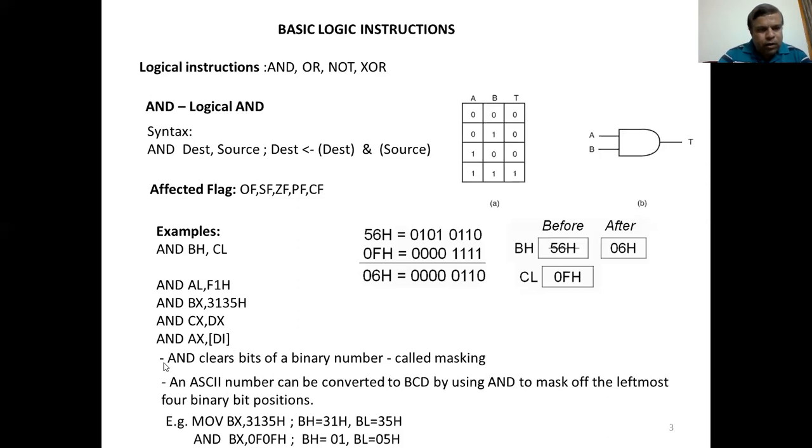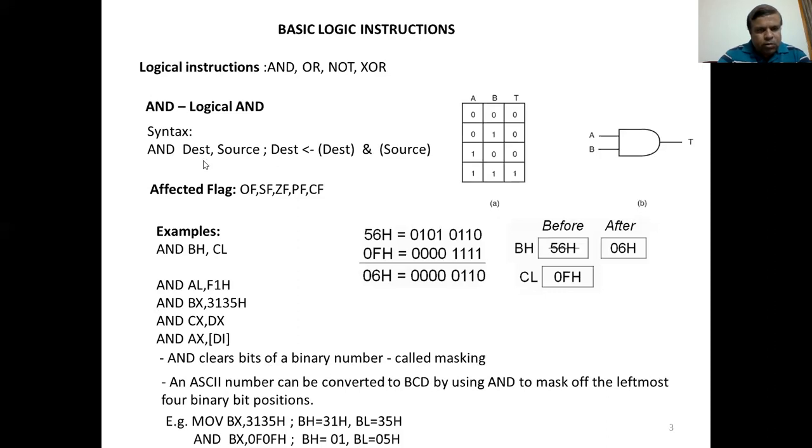So what is the use of this logical AND instruction? It clears bits of a binary number. This is called masking. So this AND instruction is used to mask the bits of the specified destination.